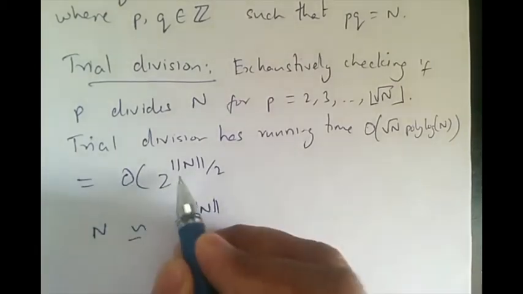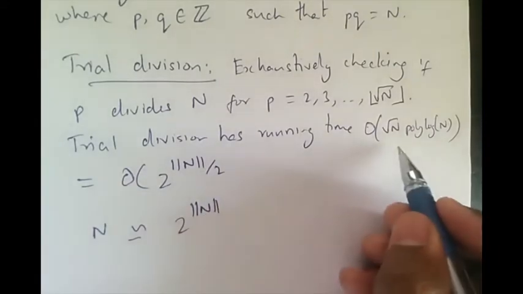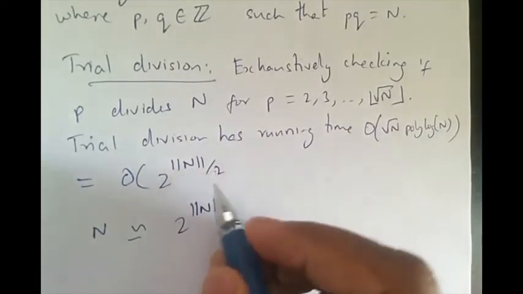So we'll say that this is of the order of 2 raised to the bit length of n divided by 2, because we have the square root of n here. So the divided by 2 is for that.